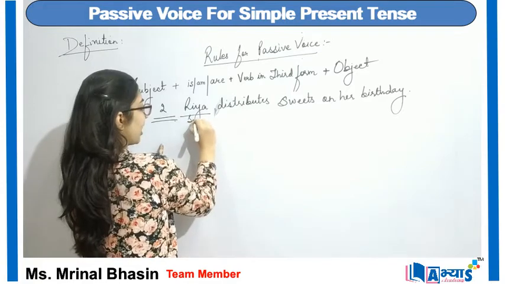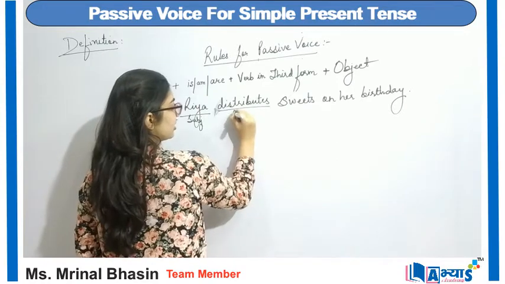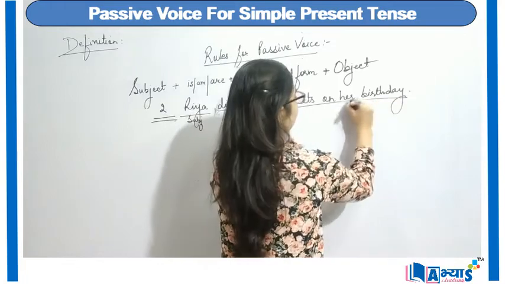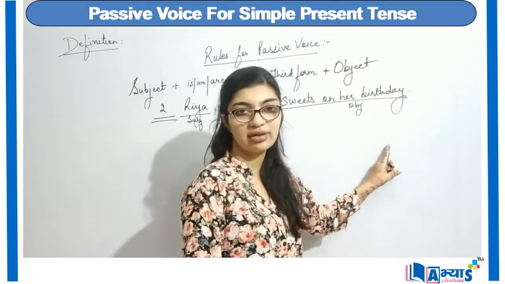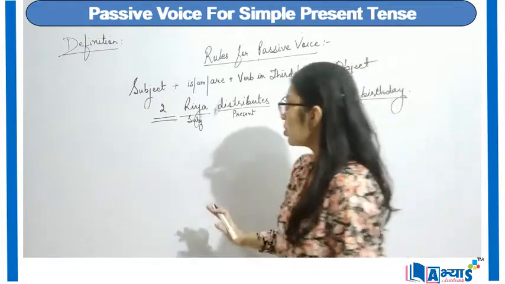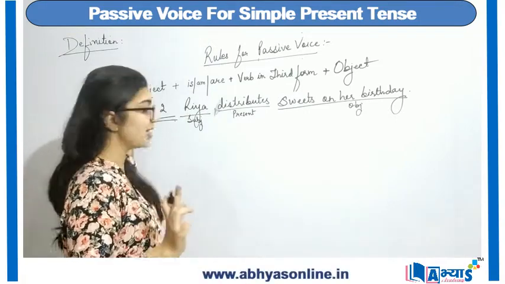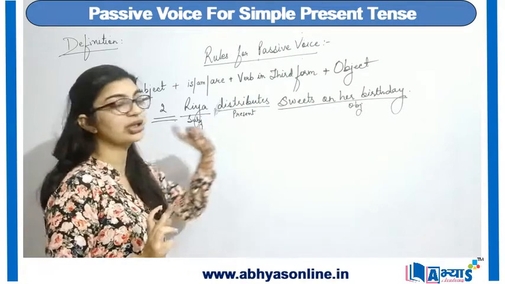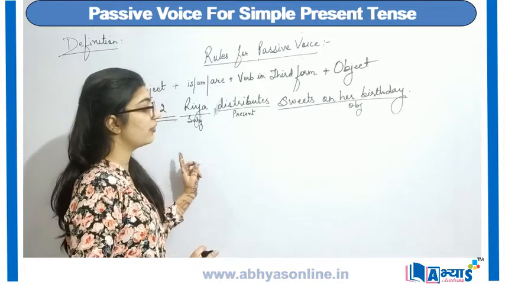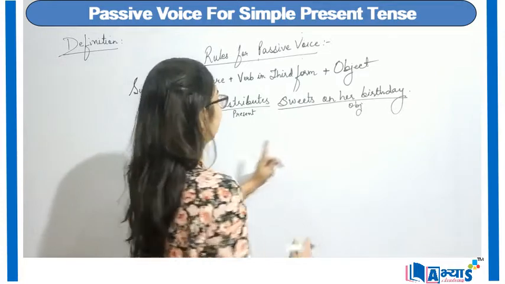Here Ria is my subject. Distributes is a verb in present form. Sweets on her birthday is the object over here. Now I want to convert this active sentence into passive. So the rule is, the subject gets converted to object and the object gets converted to subject. So first my subject in passive will be sweets, right?